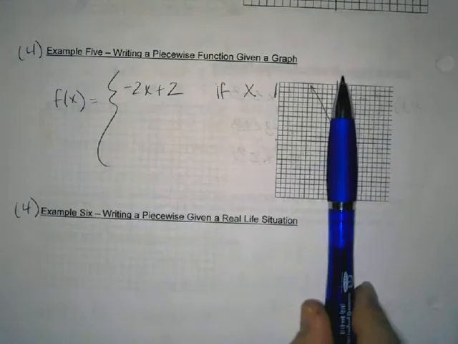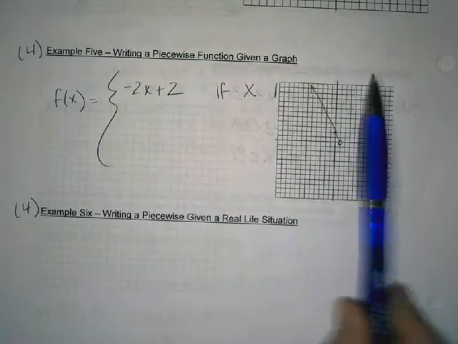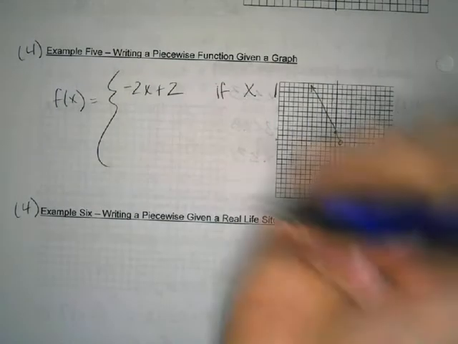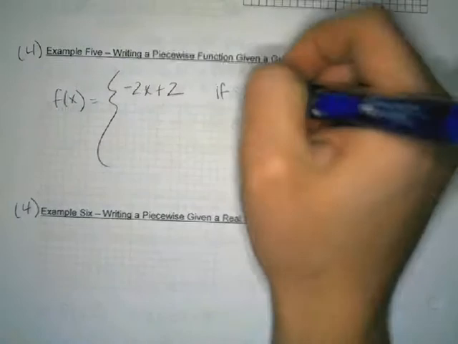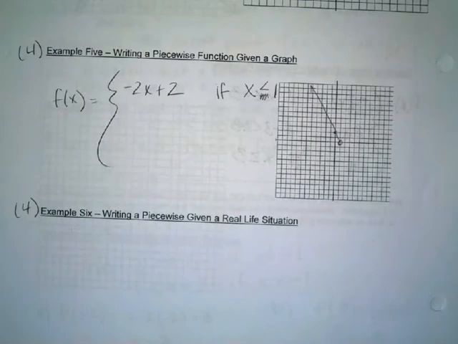Well, is the line to the left or to the right of 1? It's the left, so it would be less than. And it's just less than actually, right? Because we have an open circle there. Yeah, so it should be x less than 1.